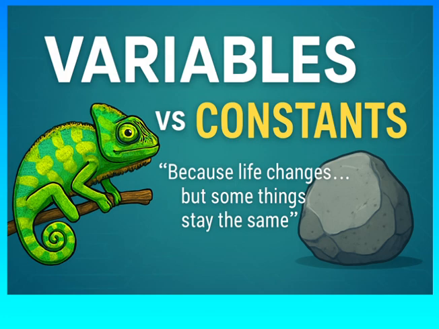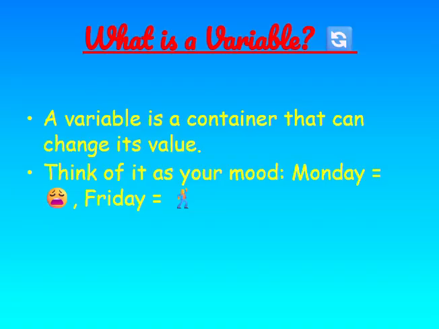So first thing which we need to learn is what are variables and constants. Now, a variable is a container that changes its value. I'm not telling you this in a computer sort of language just so that you understand it better.